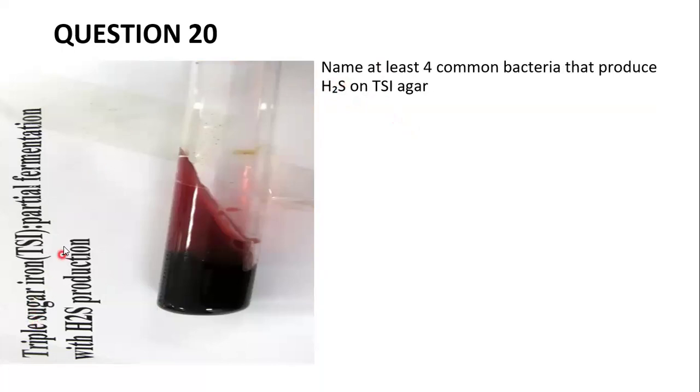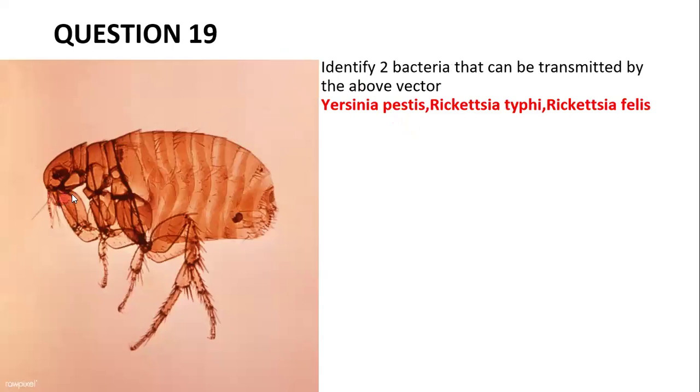This is a triple sugar iron, partial fermentation with H2S production. But it reads through flies. This is not a fly, this is a flea, not a fly. House flies are different from fleas.